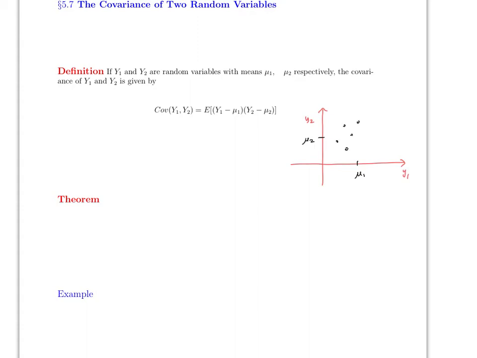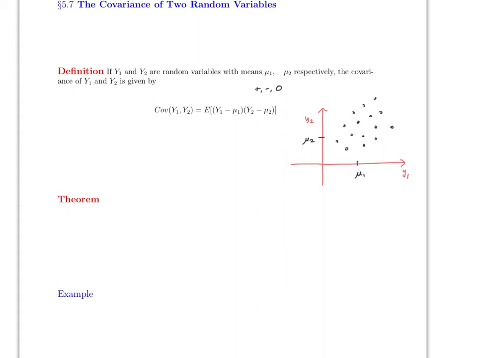So you can think of covariance as the dependence between the two variables, or the relationship between the two variables. You will see very soon that the covariance can be positive, can be negative, or it could even be zero. Okay?